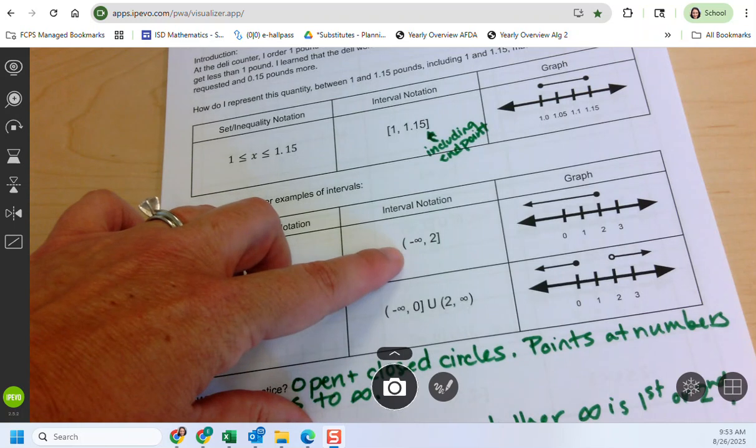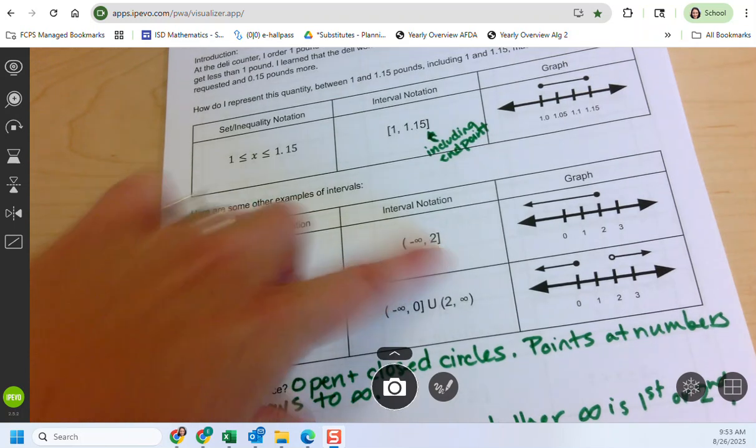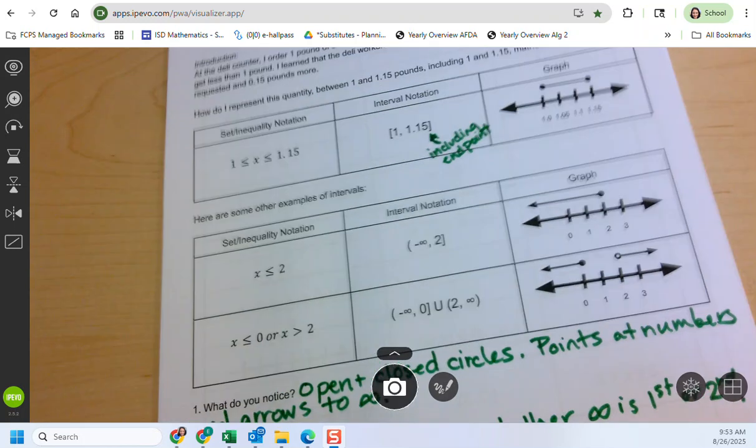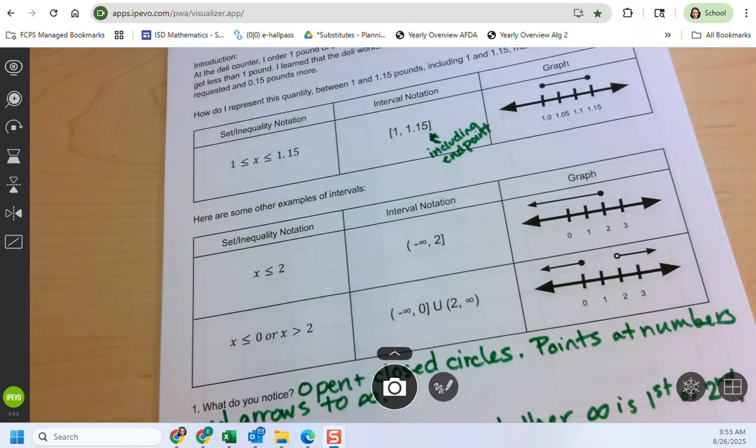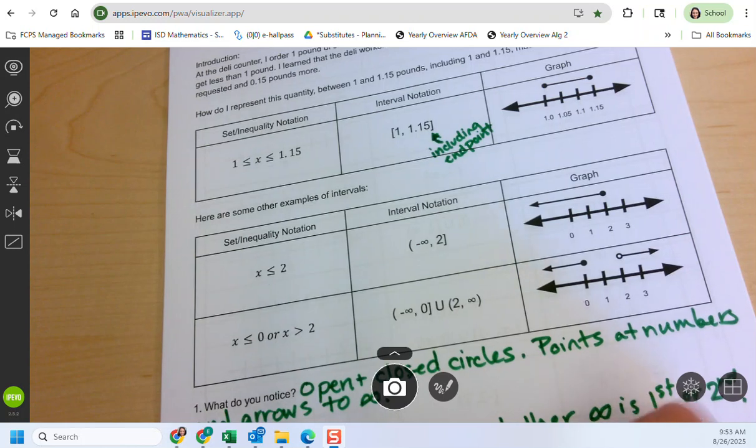So why is there a parenthesis on one side and a bracket on the other? Okay. Excellent.